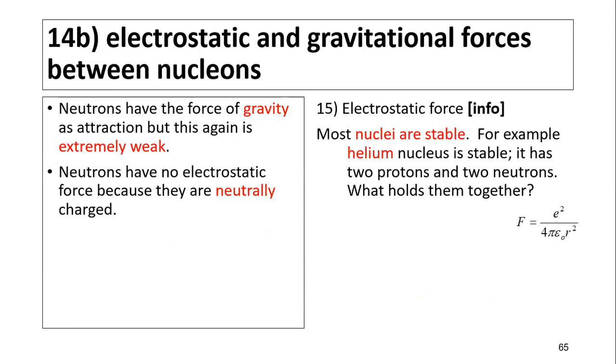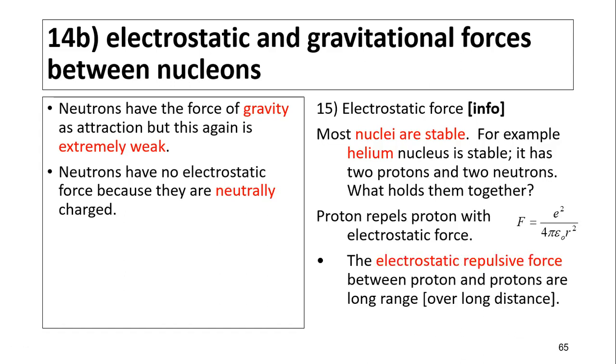Despite the electrostatic force, most nuclei are stable. For example, the helium nucleus is stable. There are 2 protons and 2 neutrons. So what holds them together? Because proton and proton will repel each other with the electrostatic force given by that equation, Coulomb's law. Electrostatic force between proton and proton is long range, that means it acts over long distance.